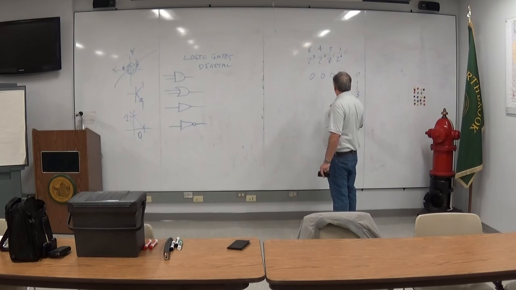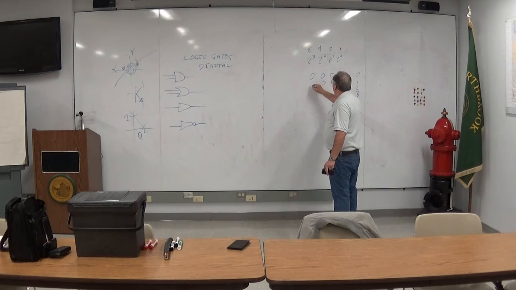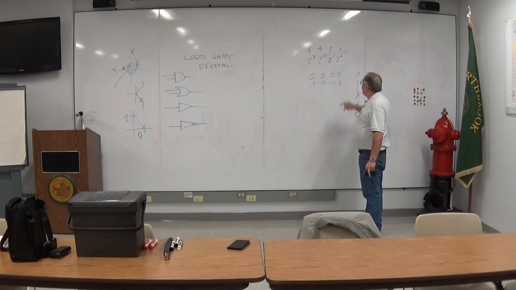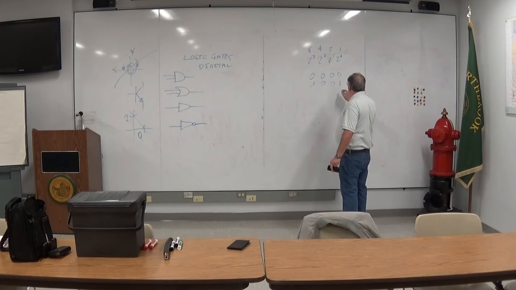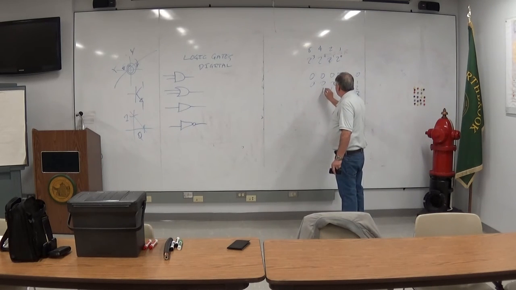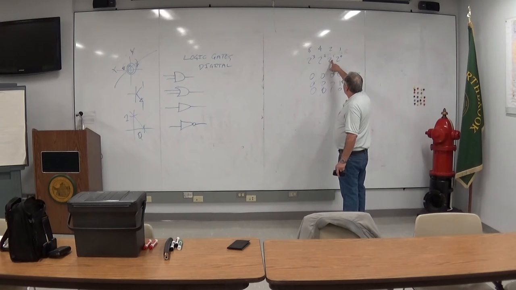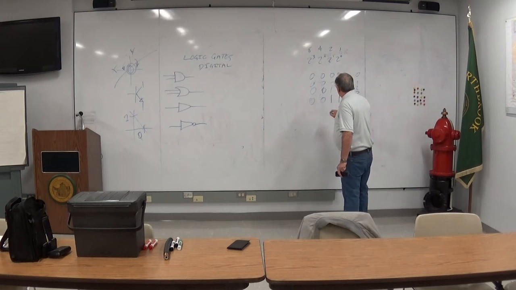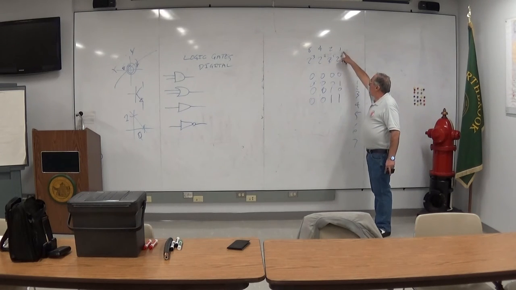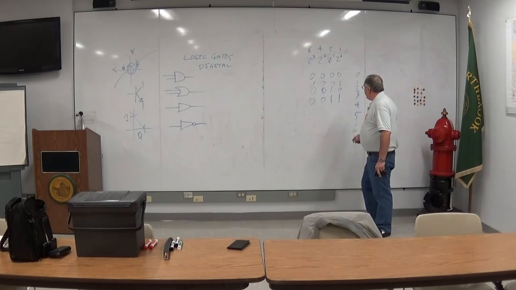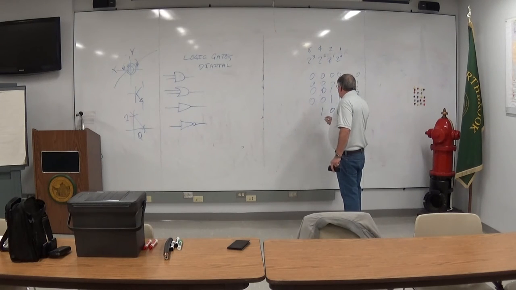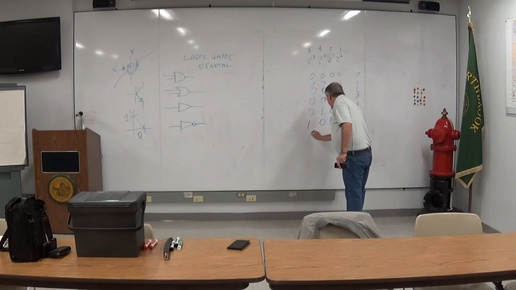Okay, so 0 is all zeros. 1 is 1 times 2 to the 0th and nothing else. 2 is 1 times 2 to the first power, nothing else. 3 is 1 times 2 to the 0, or 1, added to 1 times 2 to the first, or 2. 2 plus 1 is 3. 4, by now you should actually see a pattern here. 5, anybody see a pattern? Whoops, this is a 0.